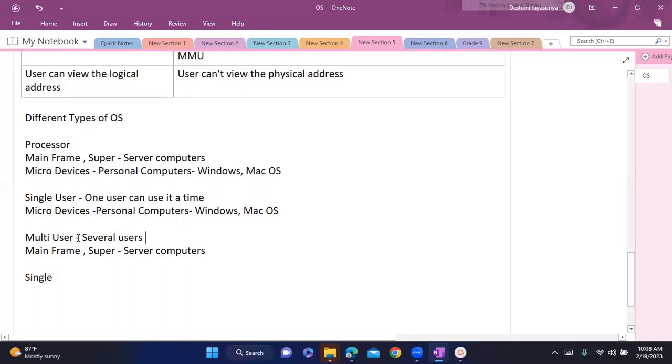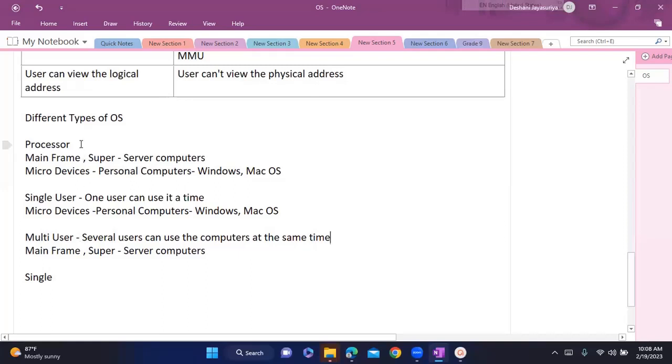Several users can use the computer at the same time.